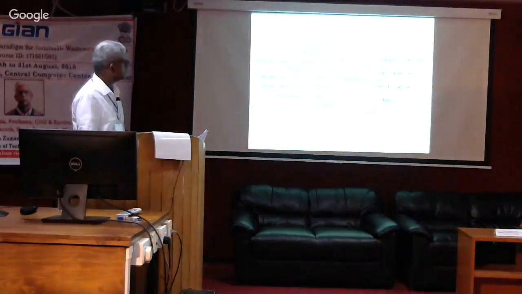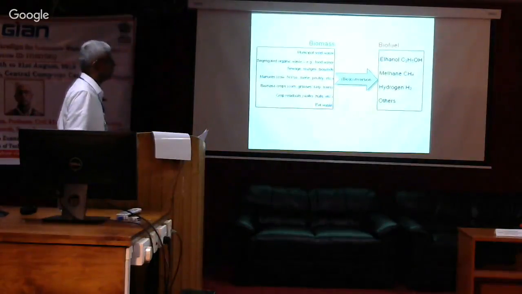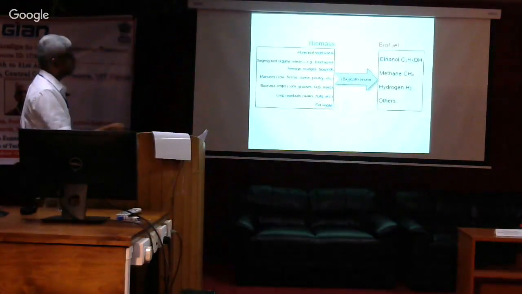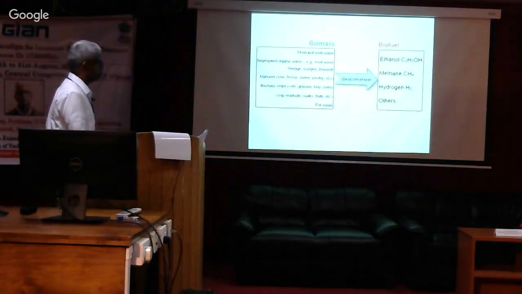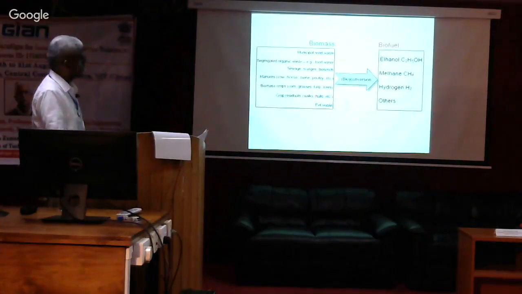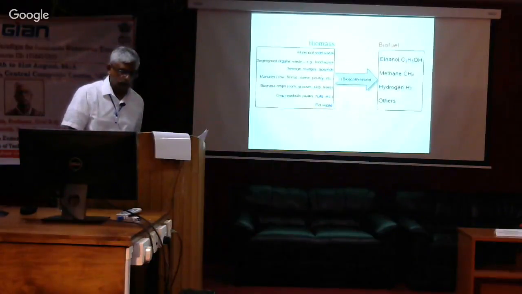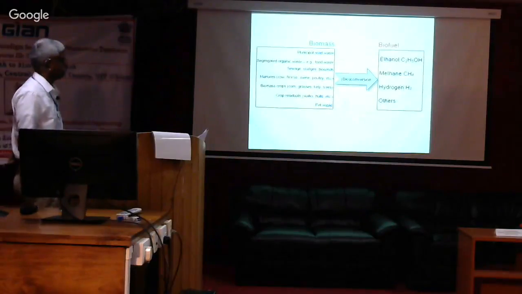Yeah, let's get this. So when we look at biomass to biofuels, which is a very hot area, then you can start with municipal solid waste, the refuse as we call it, garbage. You can look at segregated organic waste, for example. More favorable would be food waste, because food waste has high energy content. And you can look at sewage, you can look at biosolids, you can look at manures. Manure happens to be a very powerful, very high energy component biomass.